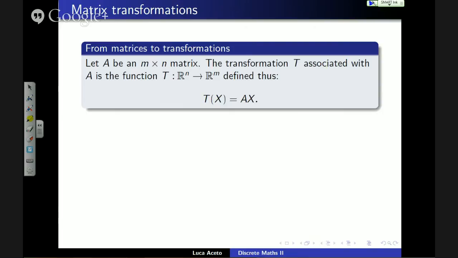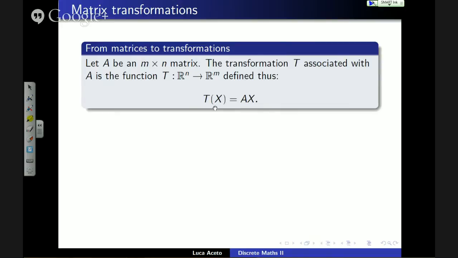So what is this function? It says, give me a vector x, I'll multiply it by A, and the result is what I spit out. Now, this vector x should be of the appropriate size. Since the matrix A has n columns, this vector x should have n components.